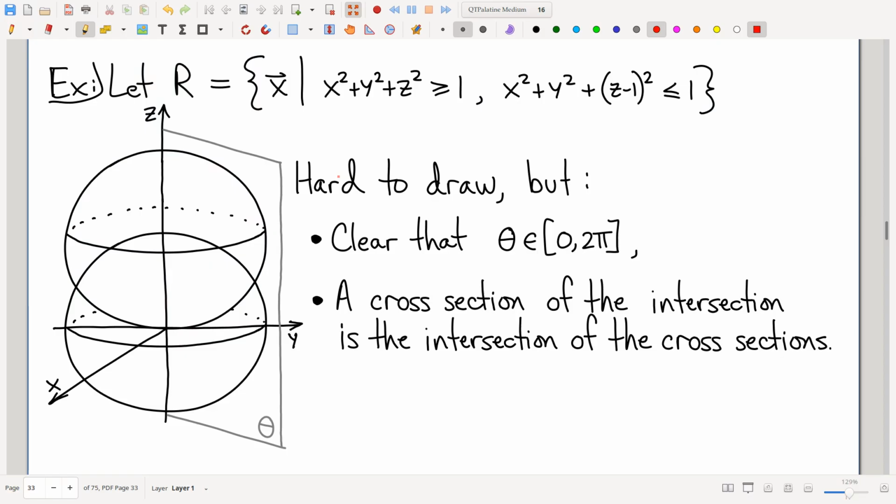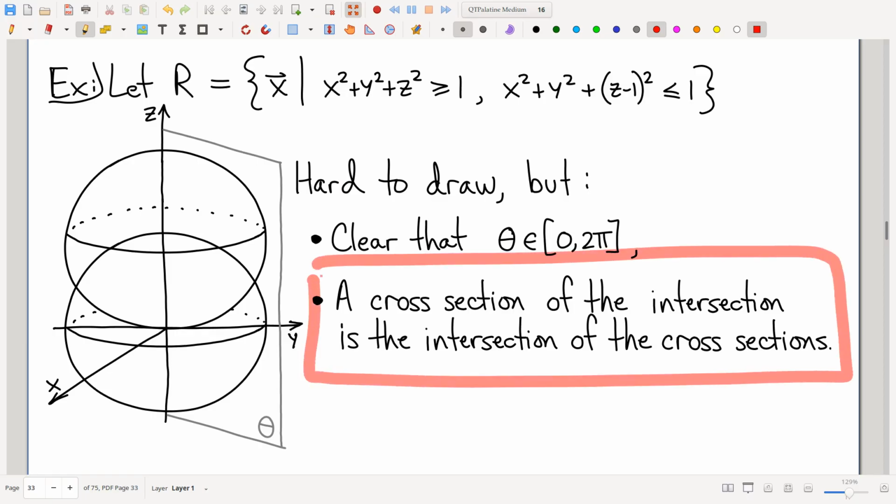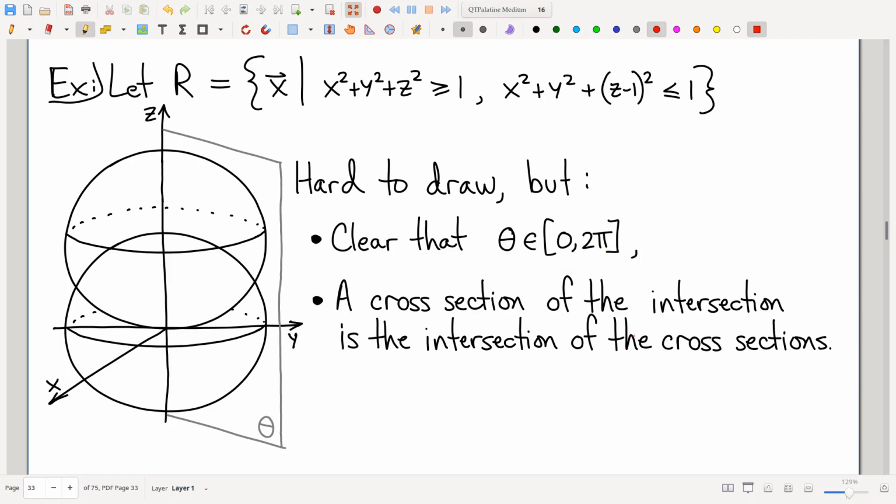So here's the artistic trick that I think is my main motivation for having this example in here: this statement right here. A cross-section of an intersection is the intersection of the cross-sections. Let me explain what I mean by that. We are interested in what I'm going to call an intersection.